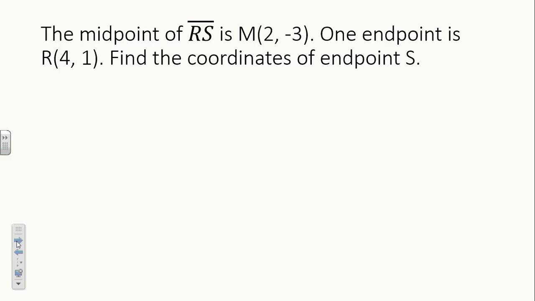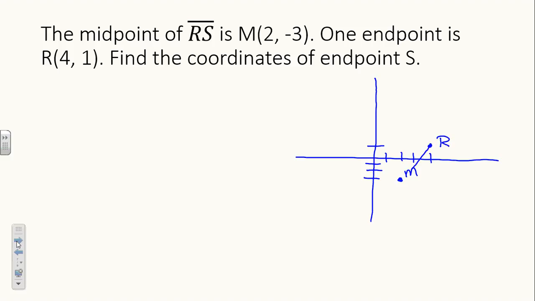So the midpoint of segment RS is 2, -3. So we're 2 over, 3 down, and that is the midpoint. That's M. Okay? Then one of the endpoints is R, and R is at 4, 1. So we have this action going on.